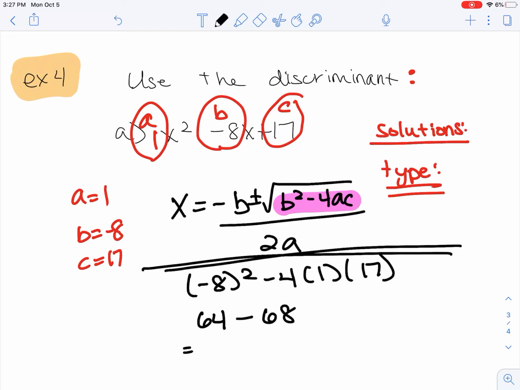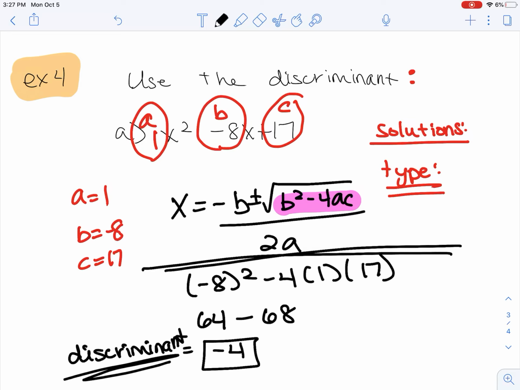So if I go 64 minus 68, we get -4. Now, that is our discriminant, which are not solutions, but they tell me about the solutions. So because it's negative, we know that there are 0 real solutions, but 2 imaginary solutions, okay? And they're imaginary. So there's 0 real and 2 imaginary solutions.